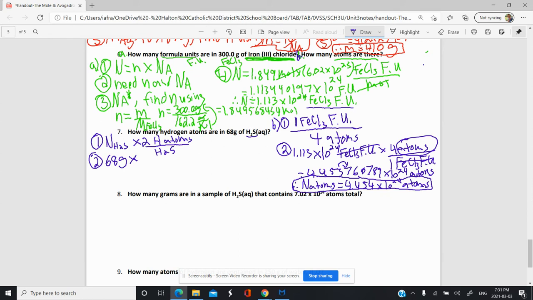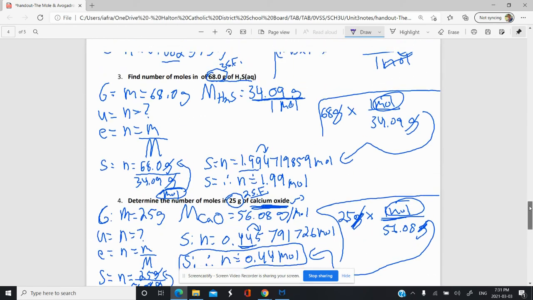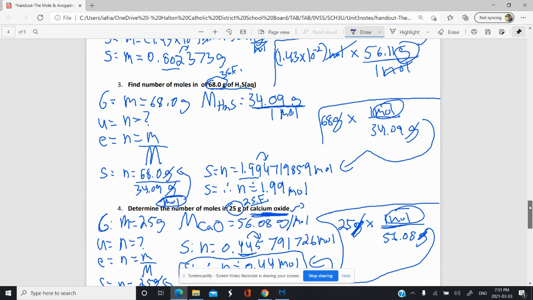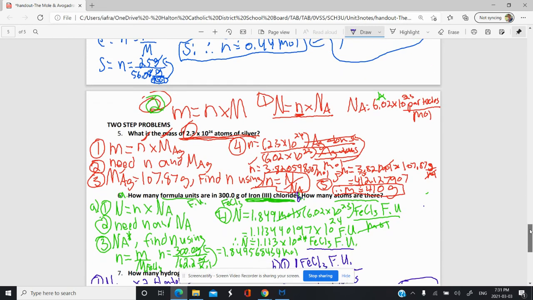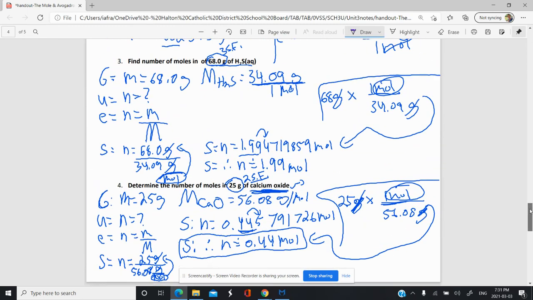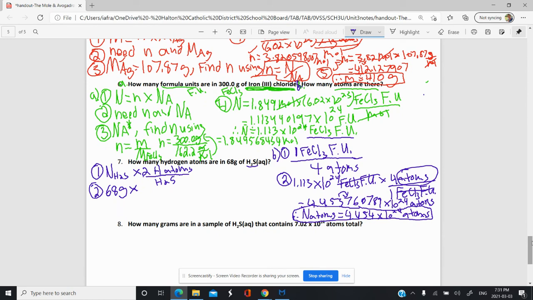The molar mass of H2S is 2.02 plus 32.04. Let me just make sure that's right, because I think we calculated that earlier. I thought we did. Yes, we did. So it was 34.09, sorry, 34.09 grams per mole.